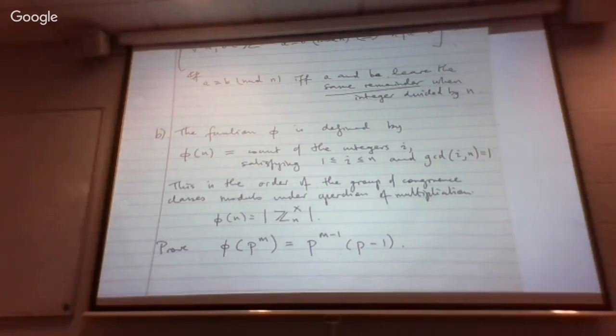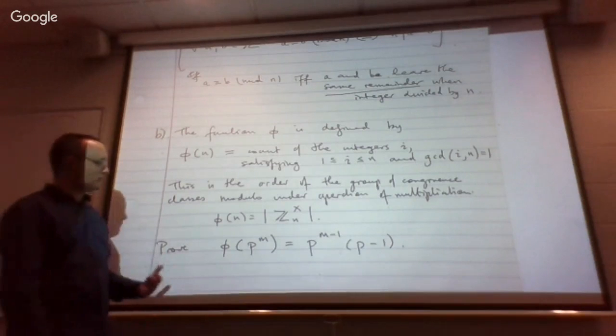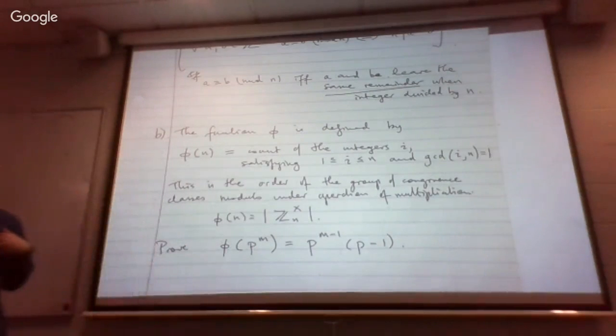So how did we prove this? This is the base case of the induction proof of the whole product formula for phi, just where the argument for phi is a single prime power. And we proved this by a careful counting according to the original definition.